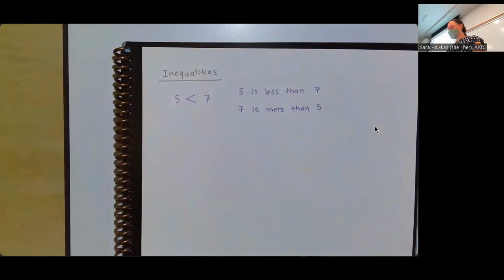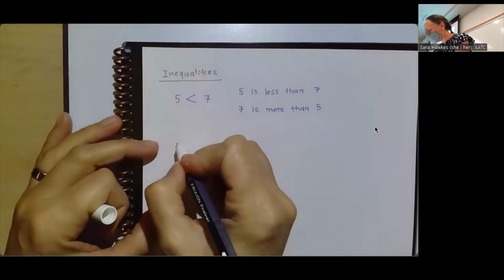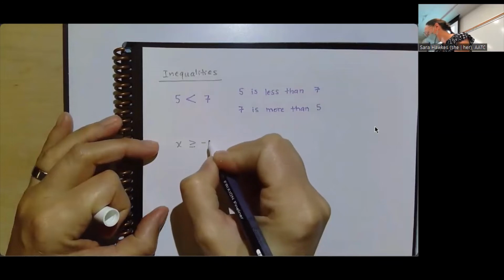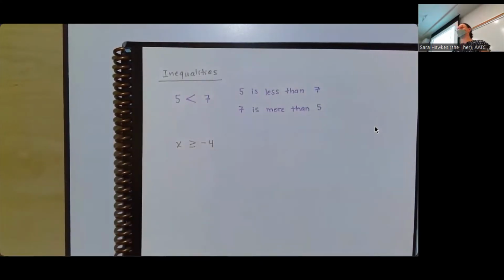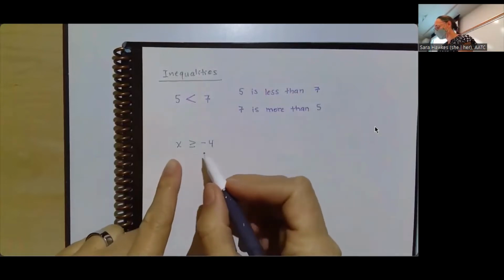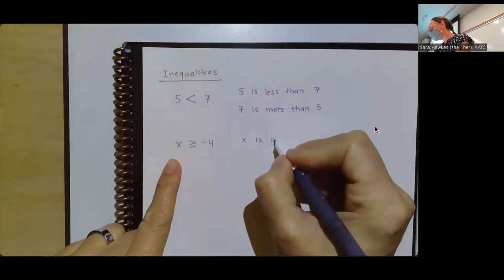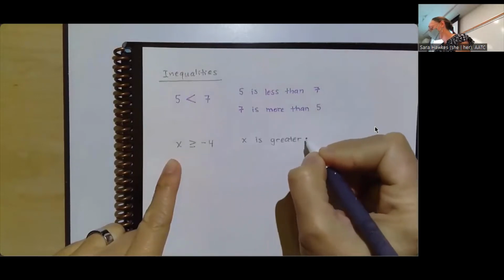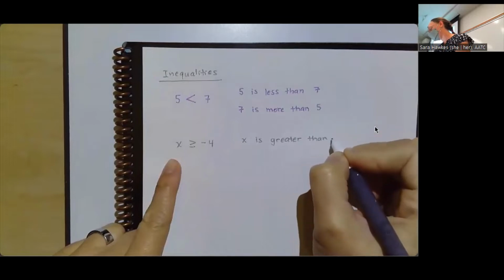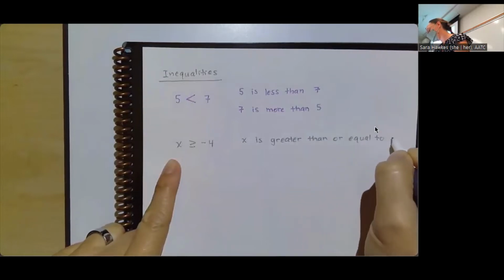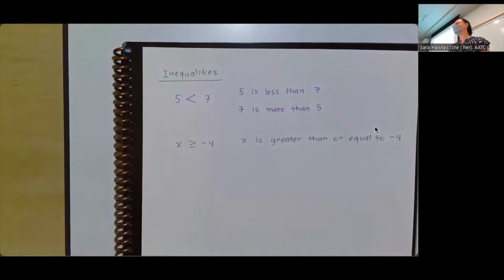If I wrote something like x ≥ -4, and I would read that from left to right, I would read this as saying x is greater than or equal to -4.